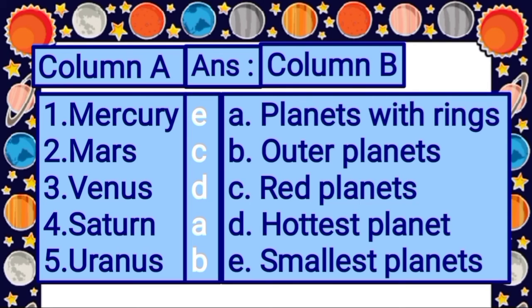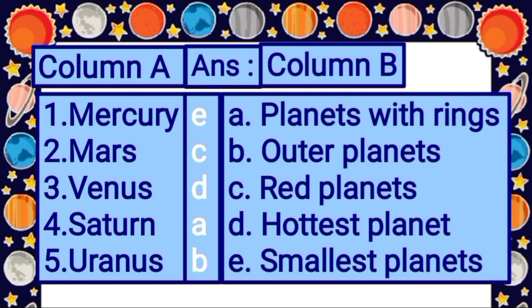Now second word from column A is Mars. As you know, Mars is the fourth planet and it is also called the red planet because the soil and rocks on this planet are red. Answer is option C, red planet.